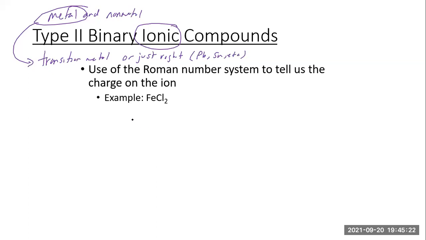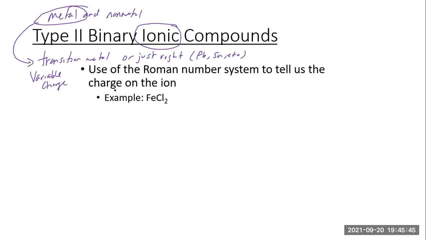And what these guys really all share in common, as I mentioned earlier, is they have a variable charge, which means in certain cases they may be +1, other cases maybe +2, maybe +3, +4, and so forth. So when we name these guys, the goal here is really to tell people what charge we're dealing with.